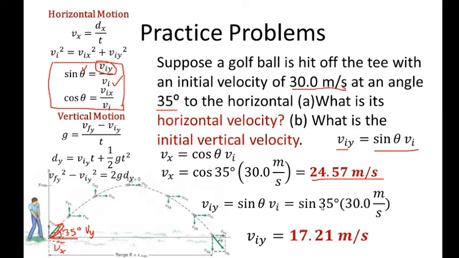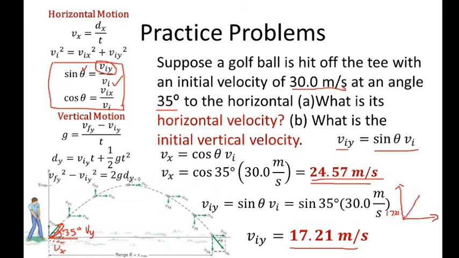And the initial velocity in the y is 17.21 meters per second. Now this would tell you that as the object moves sideways or horizontally at 24.57 meters per second, it is also moving upward at 17 meters per second.